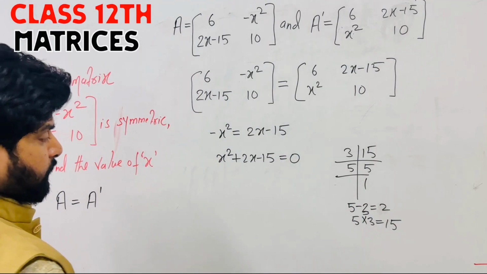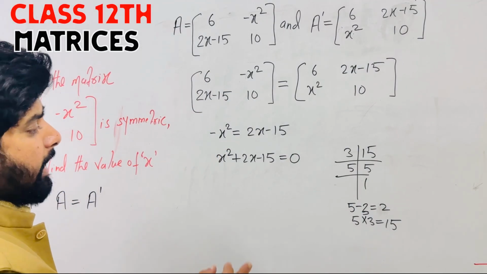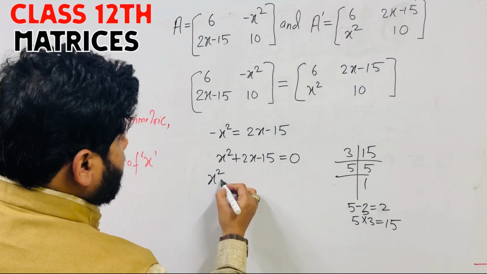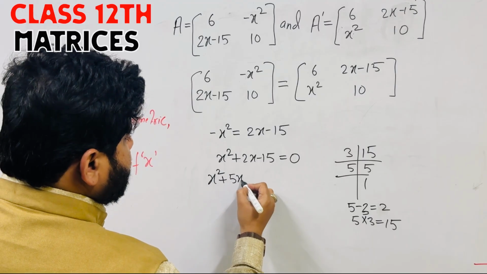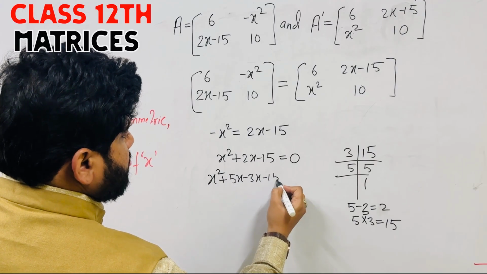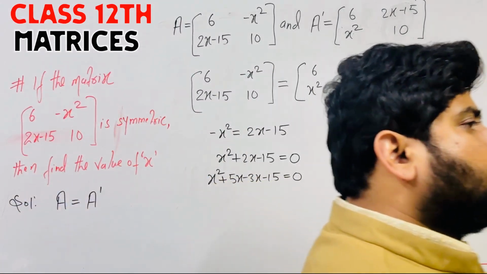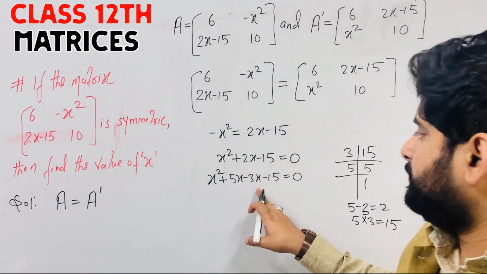Okay, we can write this as x square plus 5x minus 3x minus 15 is equal to 0. We can change this 2x as 5x minus 3x.